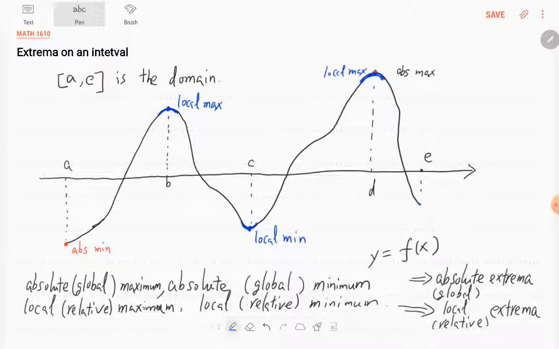We don't know the behavior on the right side of e, so it's neither a local maximum nor a local minimum. What about this point? Also, because we don't know the behavior of this function on the left side of a, it's not a local minimum. So this is the quick review for local maximum, local minimum, absolute maximum, and absolute minimum.